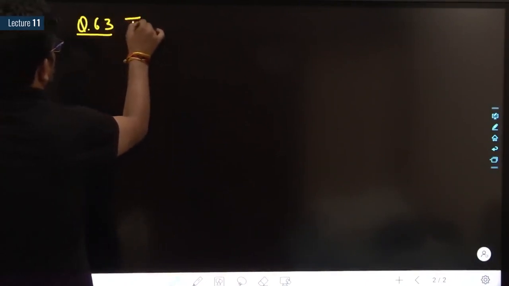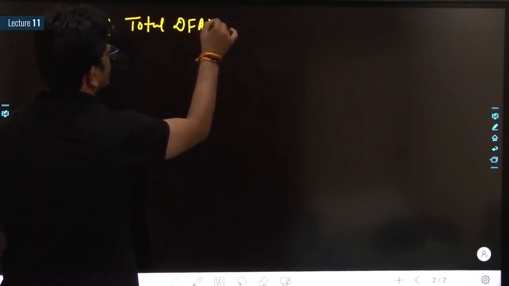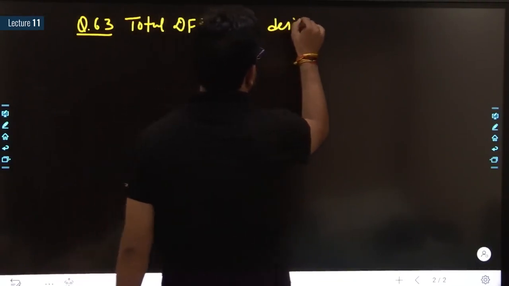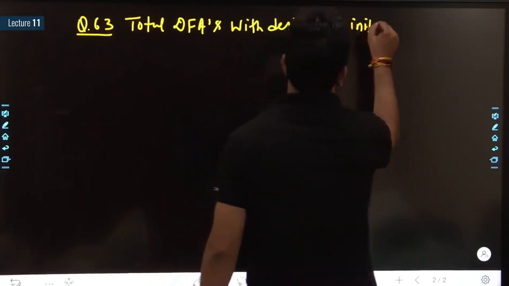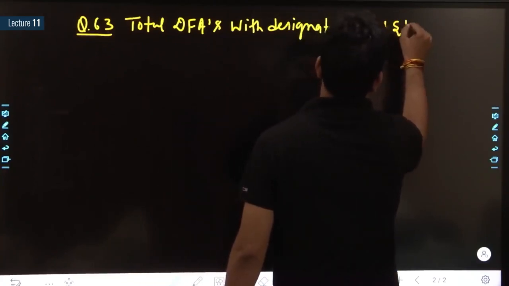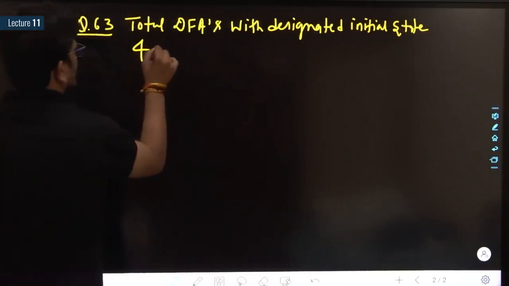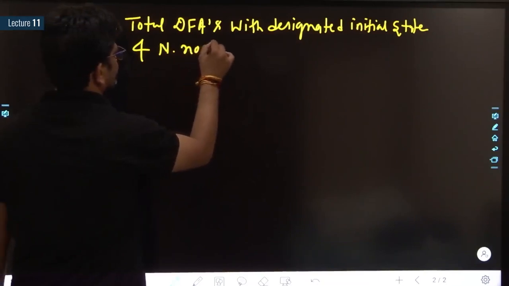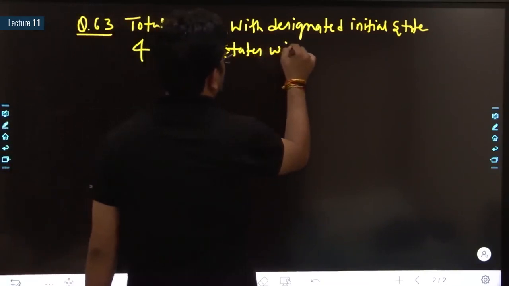Total DFAs with a designated initial state and n number of states with m alphabet.